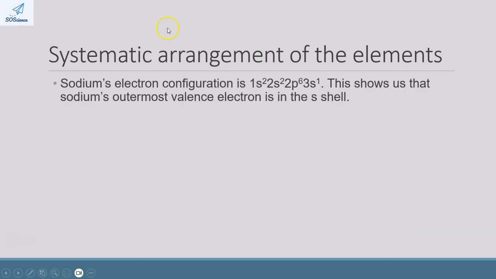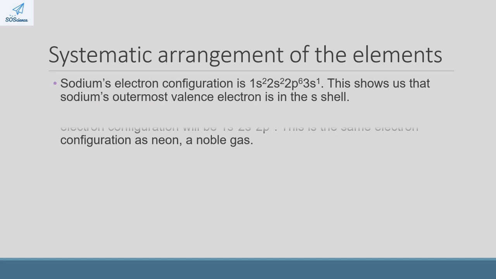Sodium's electron configuration is 1s2 because the first energy level is full, 2s2 2p6 because the second energy level is full, and then its outermost valence electron exists in the s shell of the third energy level. So again, this shows us that sodium's outermost valence electron is in the s shell, which applies to all group 1 and in fact group 2 elements.